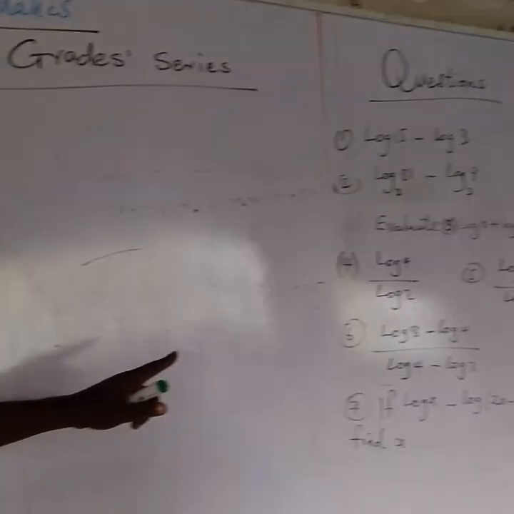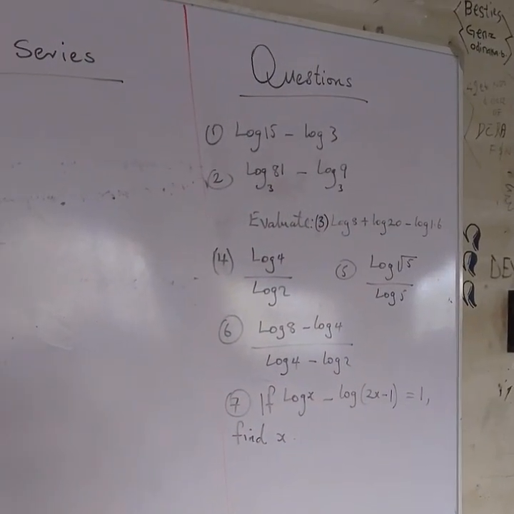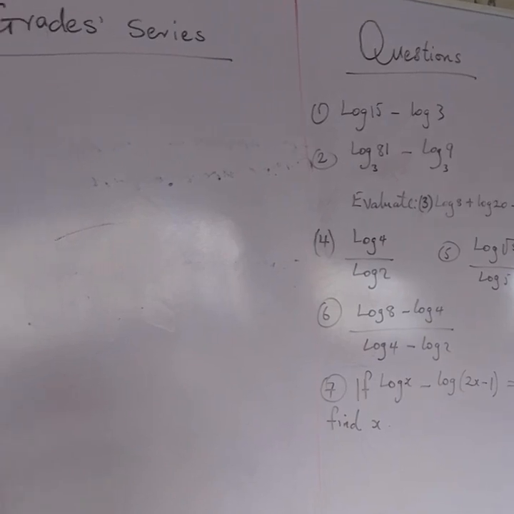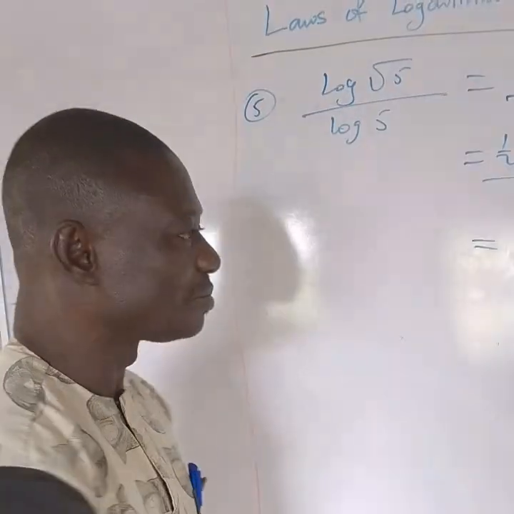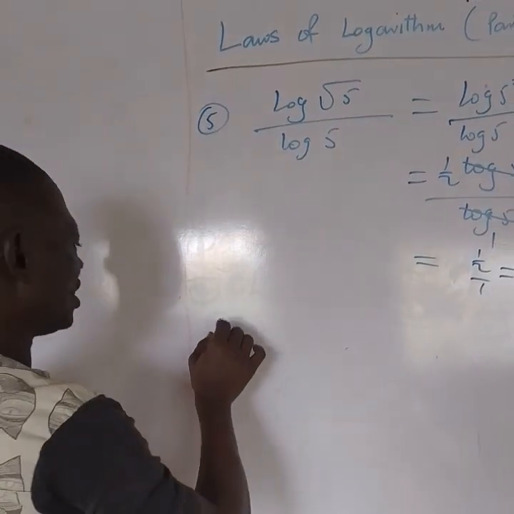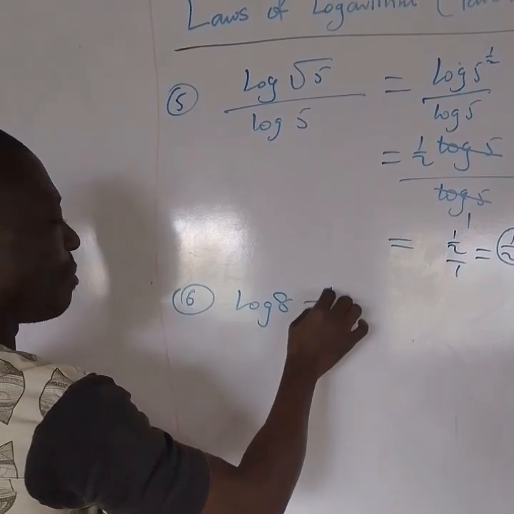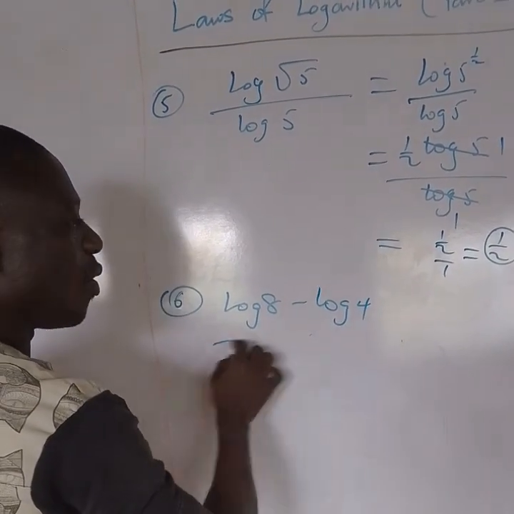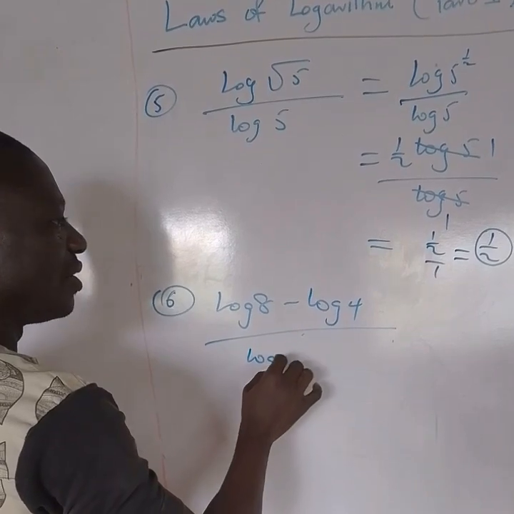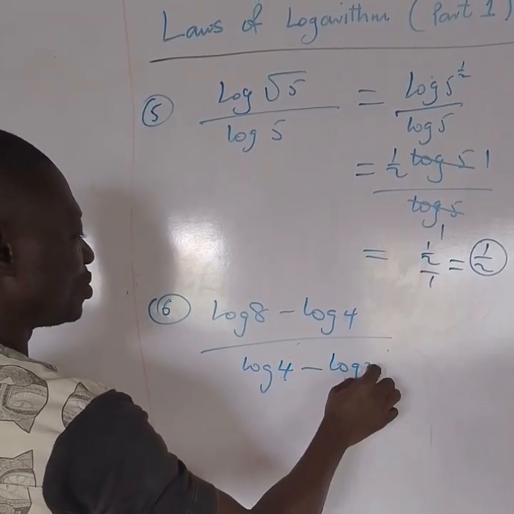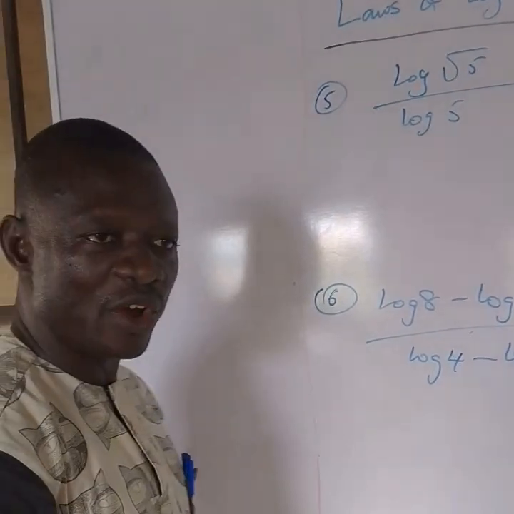Number 6 now is giving us a different thing altogether. But don't worry, we are going to see how the laws get it down. The question is saying we should consider log 8 minus log 4 over log 4 minus log 2, to be on the safe side.